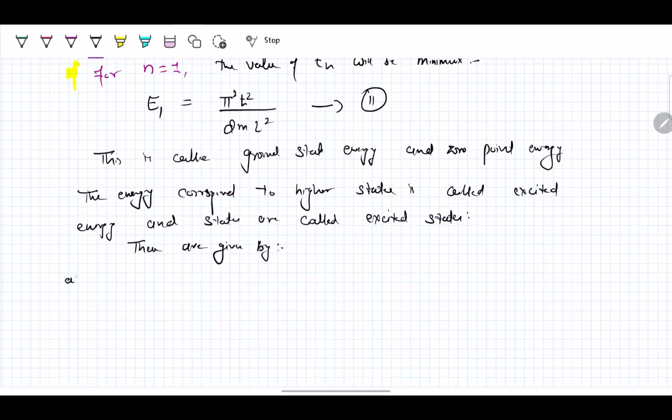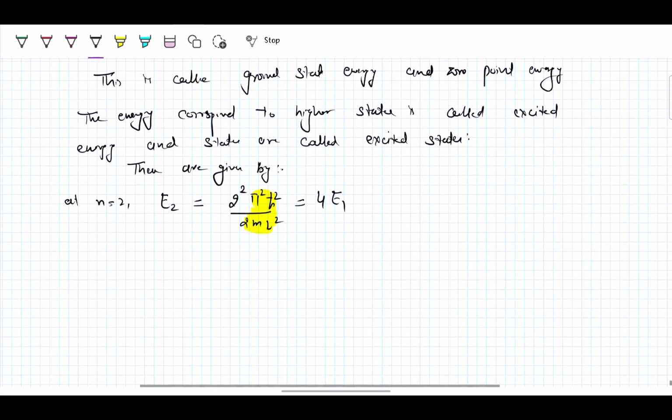at n is equal to 2, we get E2 is equal to 2 raised to power 2 pi square h square over 2m l square, and we know that this part, pi square h square over 2m l square, is equal to equation number 11, which is E1. So we can write this as 4 times E1, as 2 square is 4. It means energy increases for the higher energy state from the ground state, right?